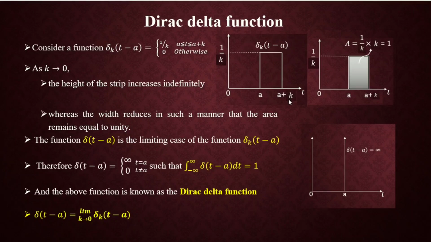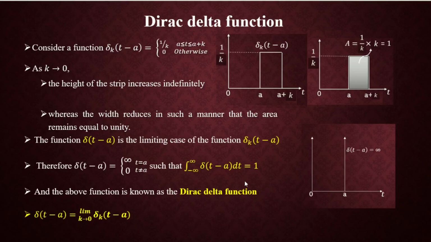That is, when k becomes equal to 0, these 2 points merge to a single point and this function del k of t minus a will be equal to del of t minus a, and that is the Dirac delta function. Therefore, del of t minus a is equal to infinity when t equal to a and 0 when t not equal to a, such that integral minus infinity to infinity del of t minus a dt is always equal to 1.